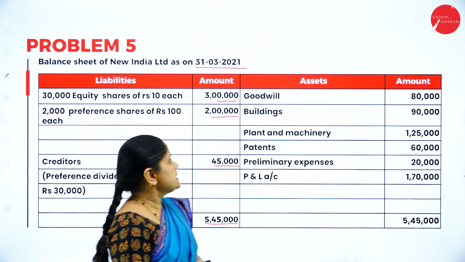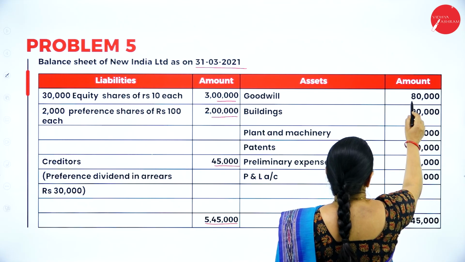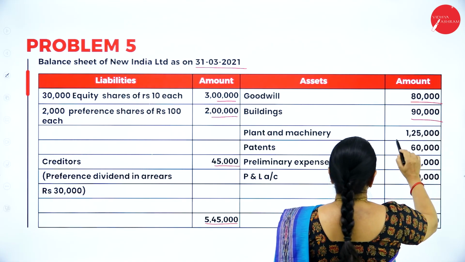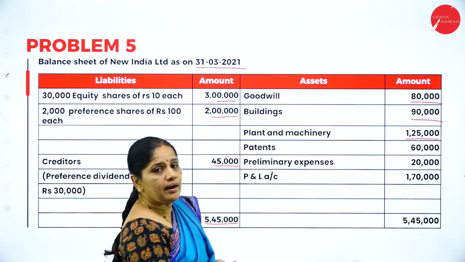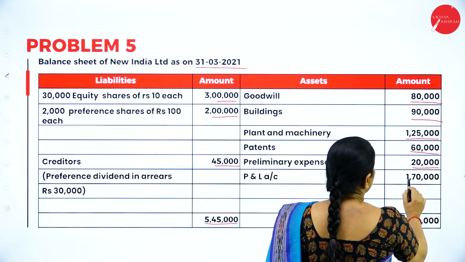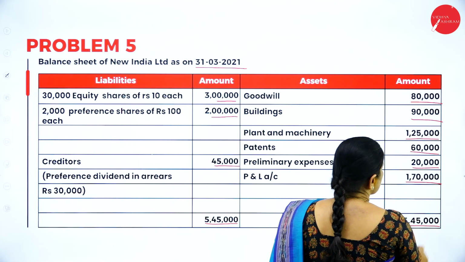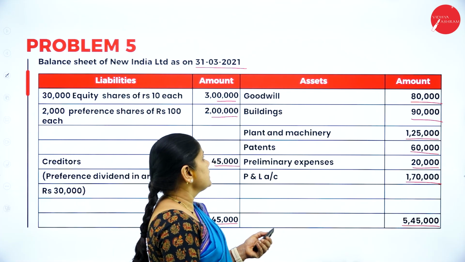Now on the asset side we have the goodwill. Goodwill is at 80,000. Buildings 90,000. Plant and machinery 1,25,000. Patents 60,000, preliminary expenses 20,000, profit and loss account 1,70,000, total 5,45,000.